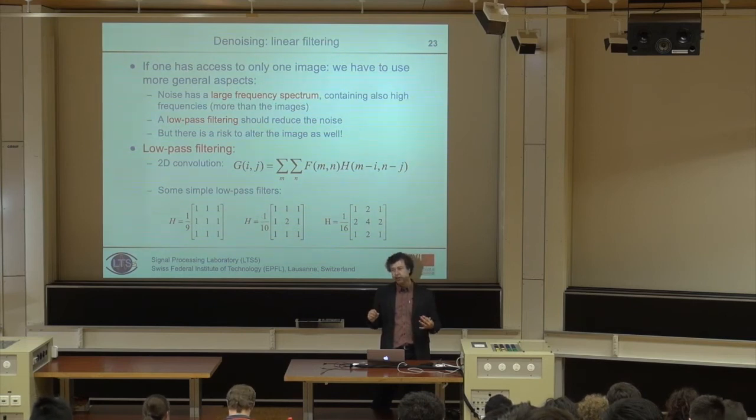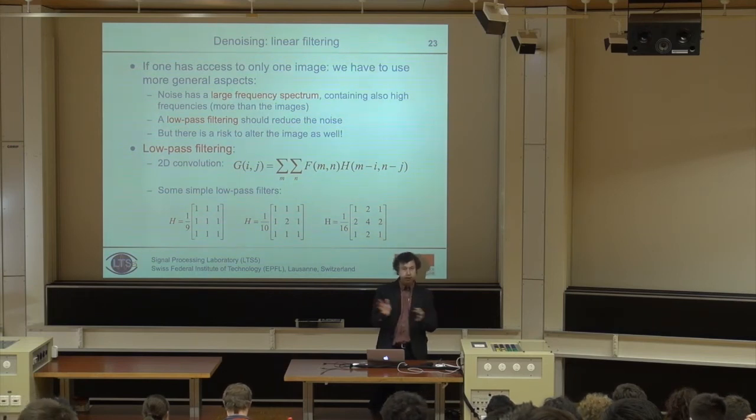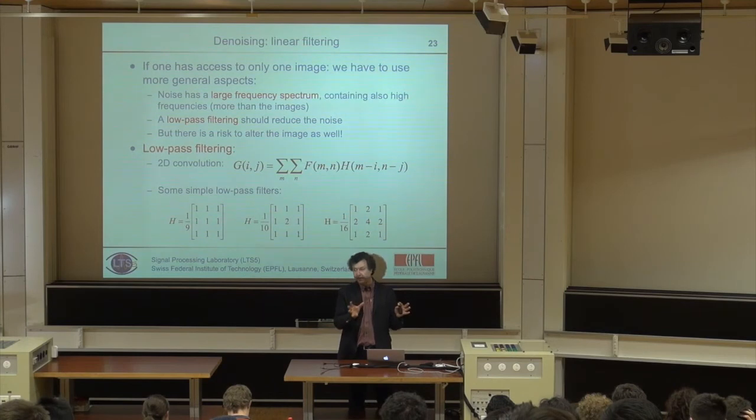While the images themselves do not necessarily have the same frequency content. Most of the time, the natural images themselves have more low-pass characteristics. There are a few edges, but most of the time, the content of an image is in the low frequencies.